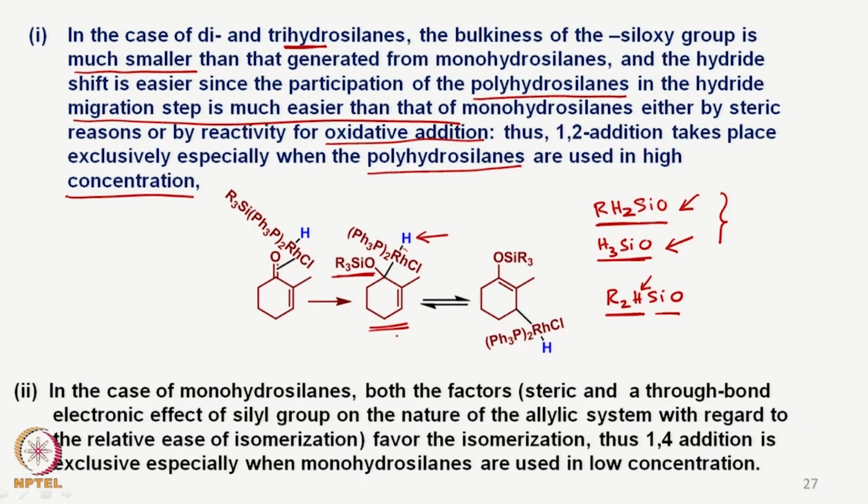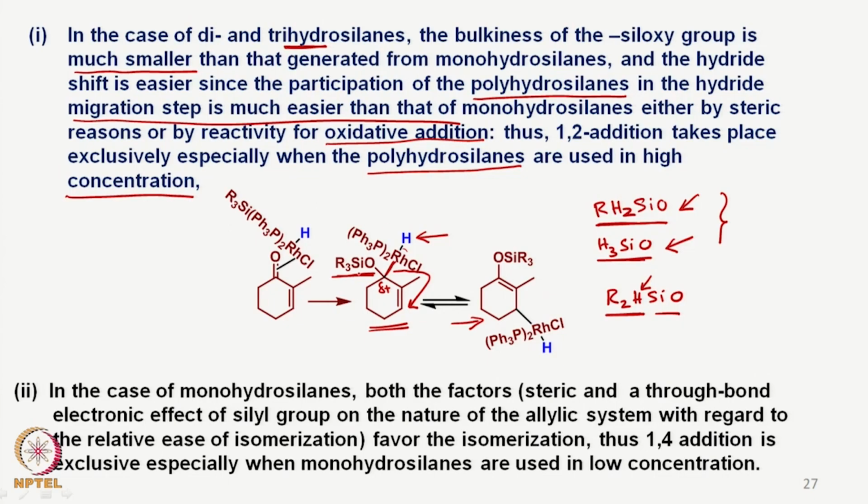Now this is particularly isomerizing to this. Why is it isomerizing? While isomerizing, this particular carbon rhodium bond is breaking and going to this one here. During the process there will be a delta positive which is going to be generated here, which is an allylic system. That is what is allowing it to migrate, and also the steric hindrance.